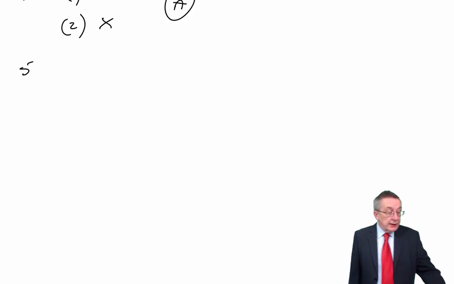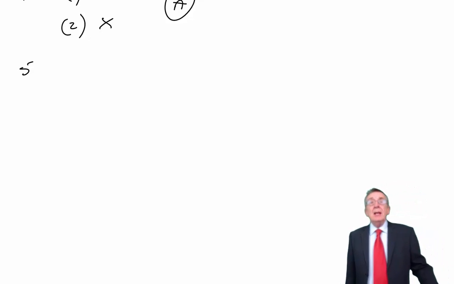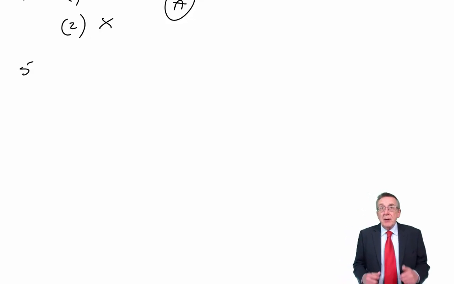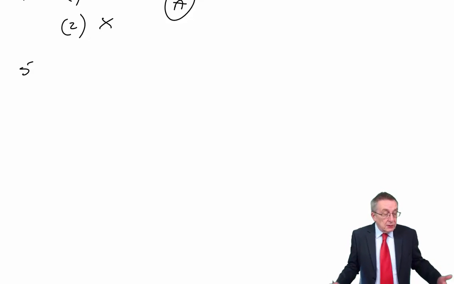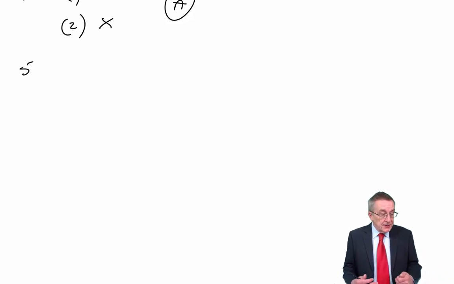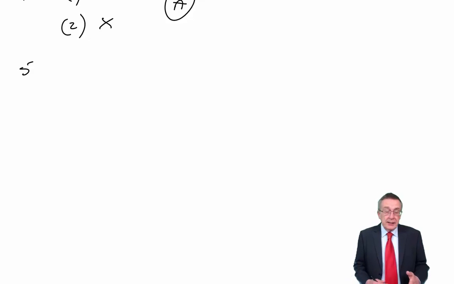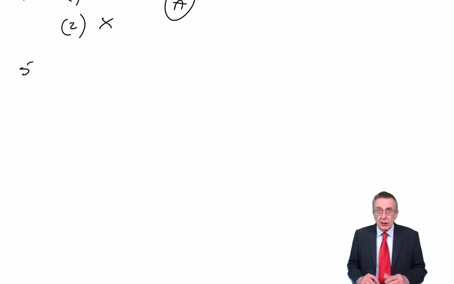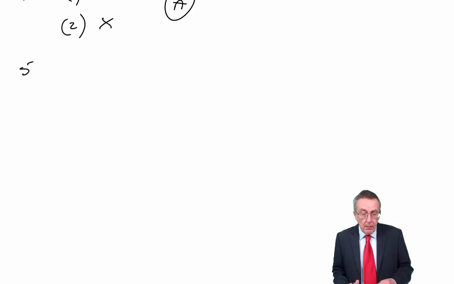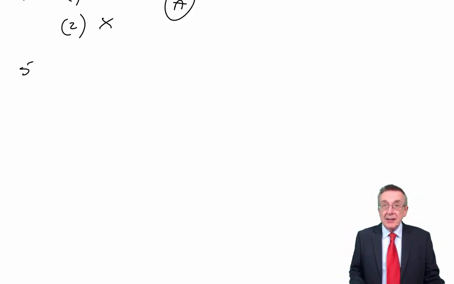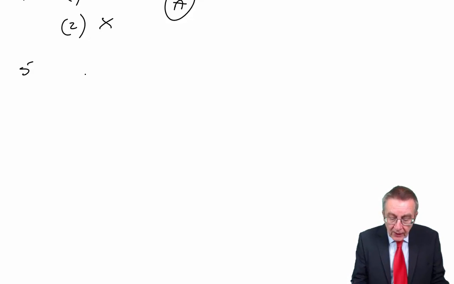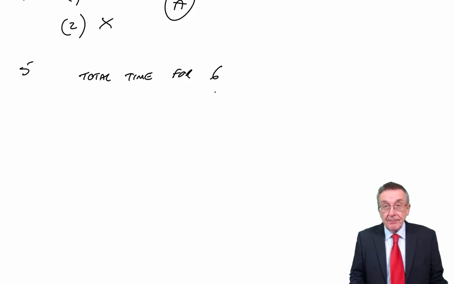Well, we want to know how long it would take to complete the 6th job. And remember, very, very standardly, we can use the learning rule to get the total time for any number of jobs. We can't use the learning rule to get directly to the cost of any one particular one. So the way we have to do it, when it says something like this, how long to complete the 6th job, we have to work out the total time it will take to do all 6.